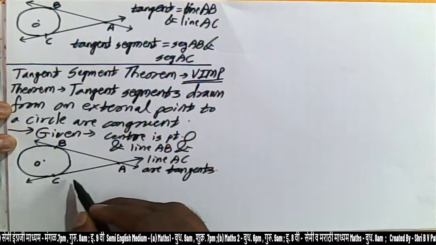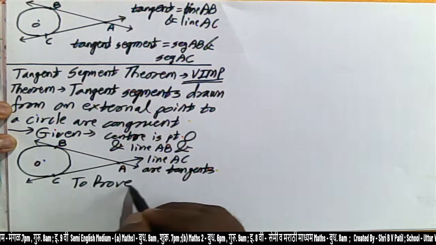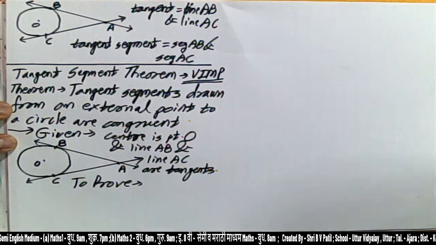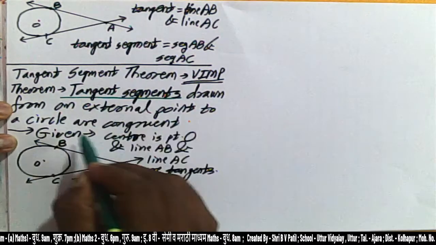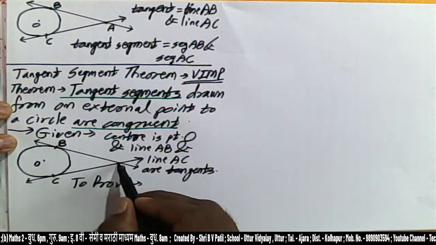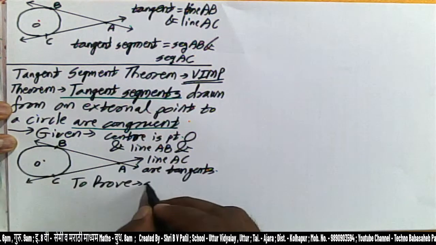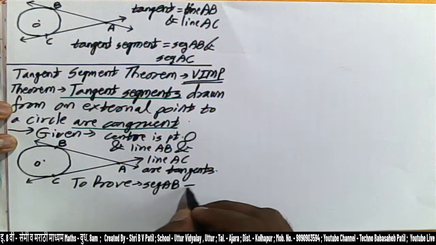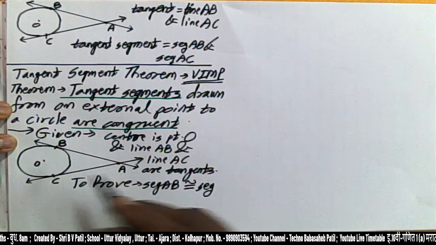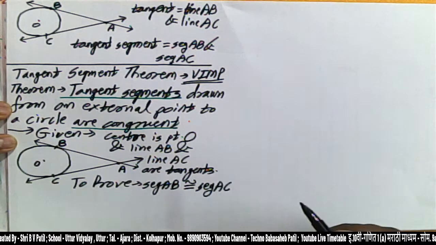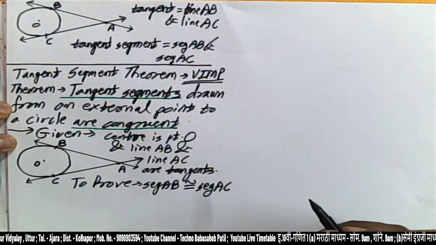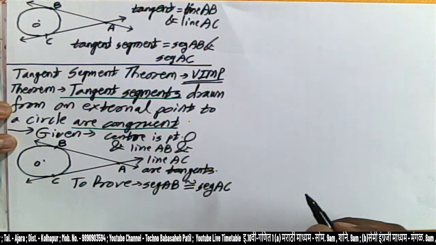The next part is to prove. What do we prove? Tangent segments are congruent. Segment AB is congruent to segment AC.